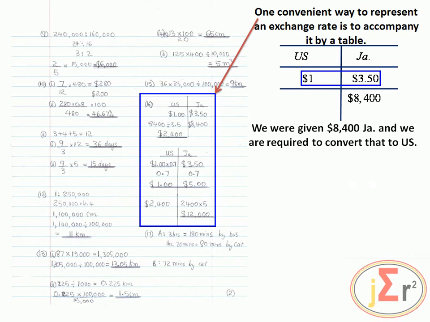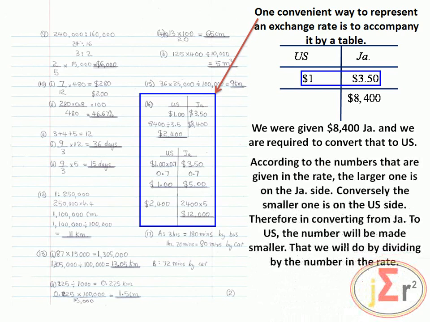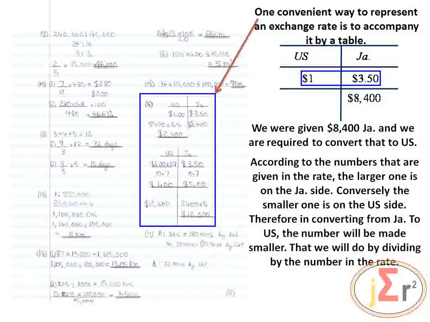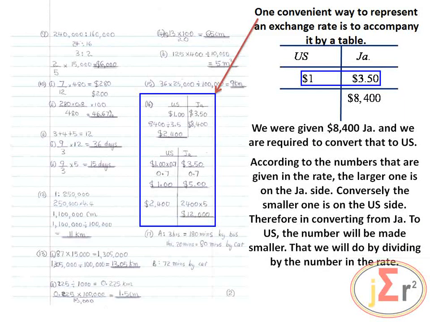First, take a look at what we have there in the table. Of course, we have the exchange rate also given in the table. According to the numbers that are given in the rate, the larger one is on the Jamaican side. Conversely, the smaller one is on the US side.